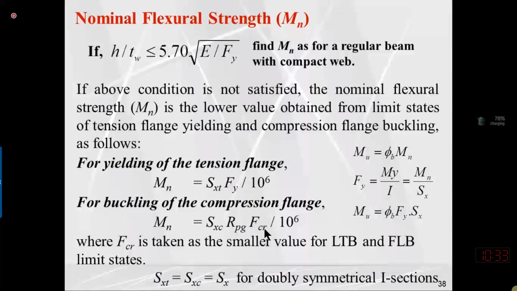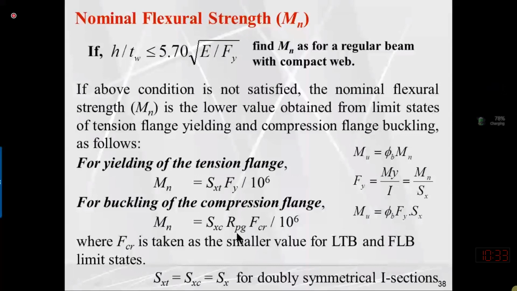If the flanges are non-compact, it means the flange can also buckle at a stress value less than FCR. And the RPG value is the moment carrying capacity reduction factor, which depends upon the thin web.